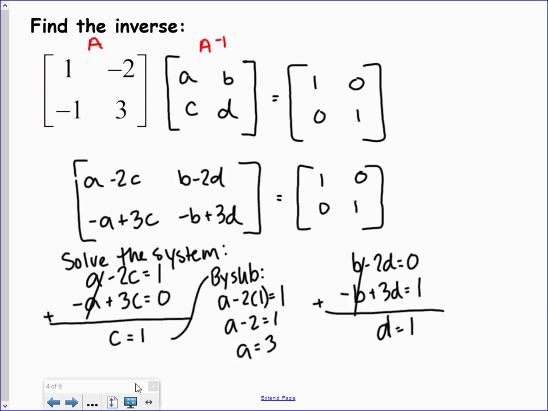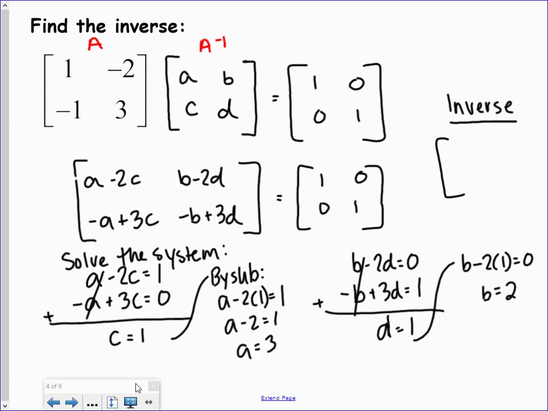D equals 1 by substitution. Plug that back in. B minus 2 times 1 equals 0. So B equals 2. So now we could say our inverse, remember, is this matrix right here.